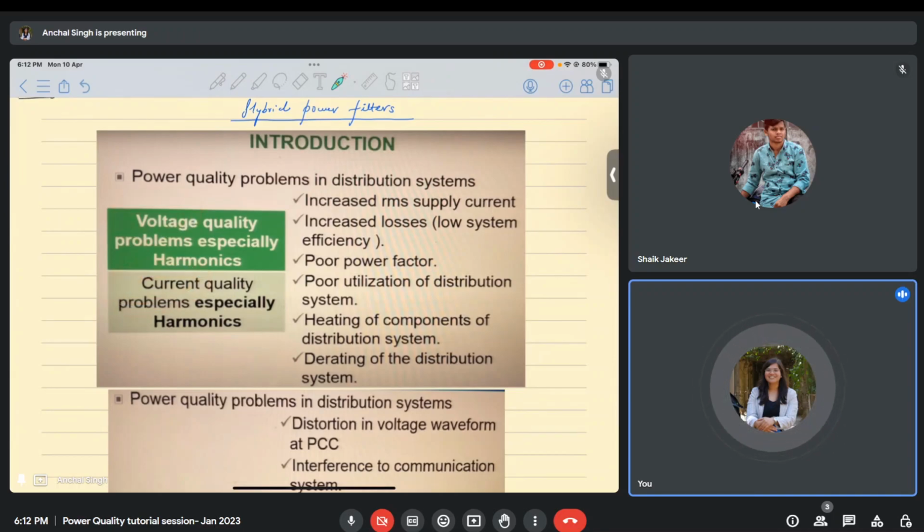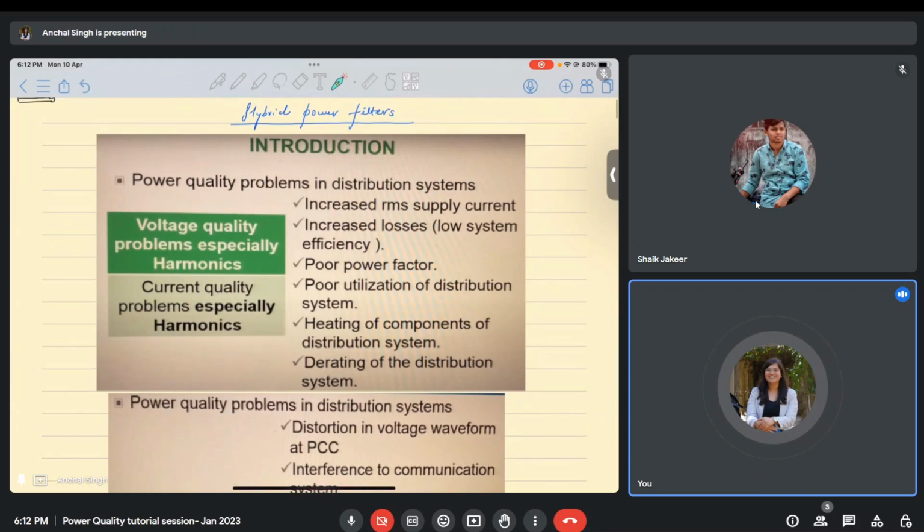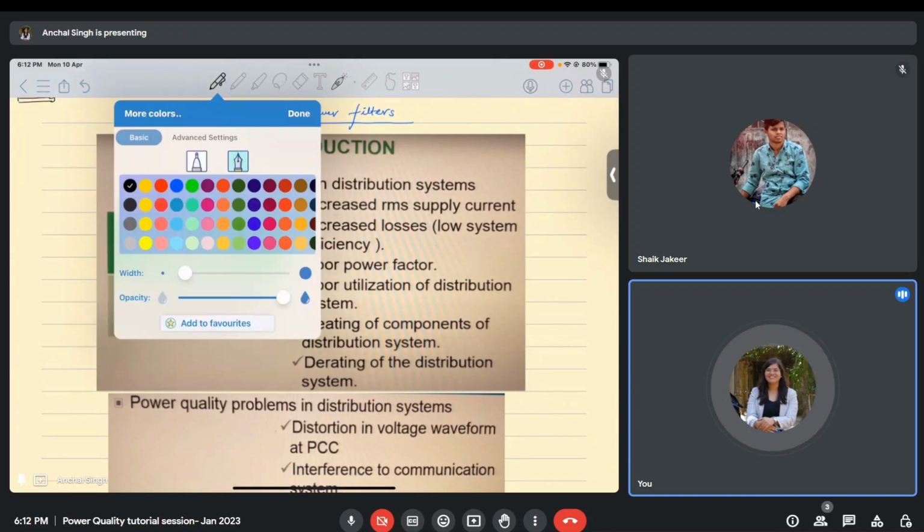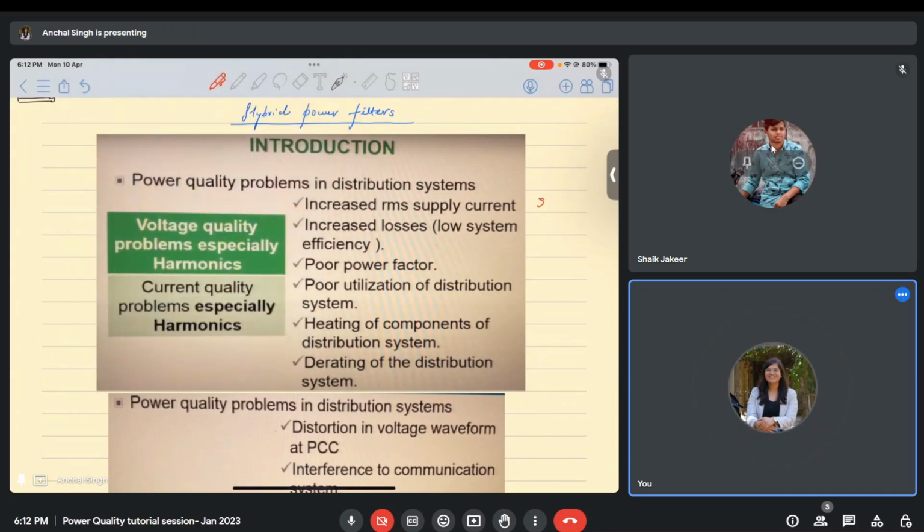So far in the previous lectures, we talked about tackling just the voltage power quality problem or the current power quality problem. Now in this lecture we'll be focusing on a system that has both current and voltage based power quality problems. So this is our target system for this particular lecture.